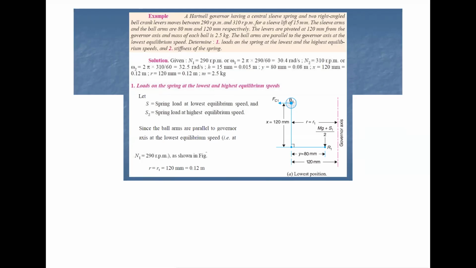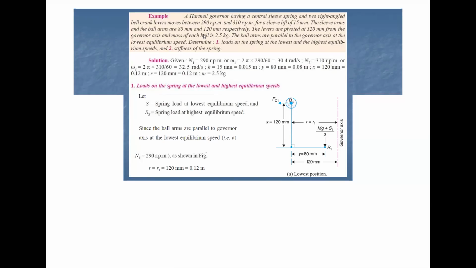The levers are pivoted at 120 mm from the governor axis and the mass of each ball is 2.5 kg. The ball arms are parallel to the governor axis at the lowest equilibrium speed. Determine first, the loads on the spring at the lowest and highest equilibrium speeds. Second, the stiffness of the spring.